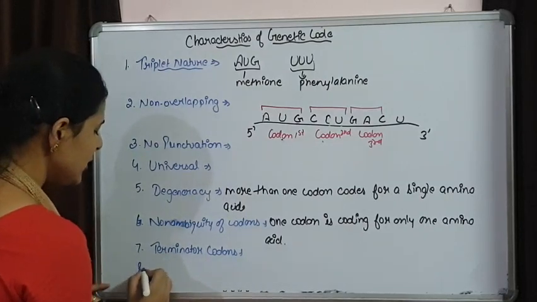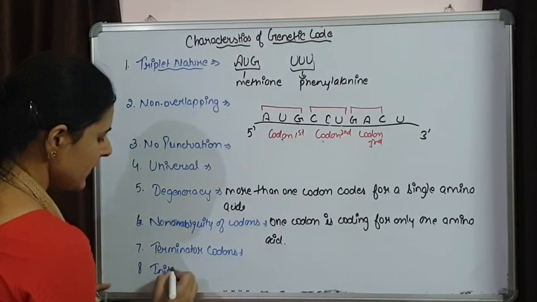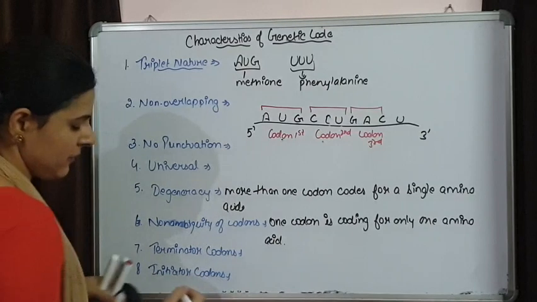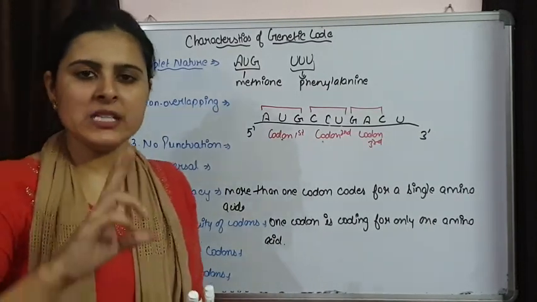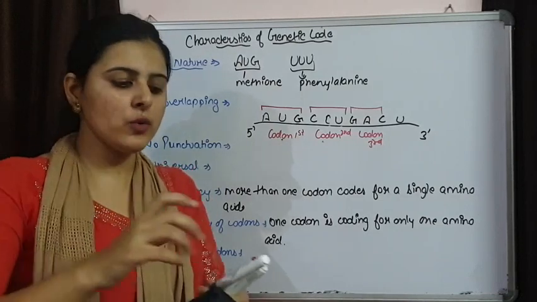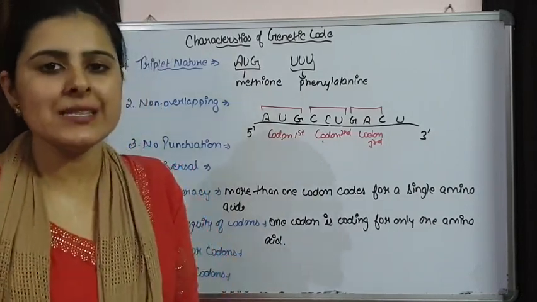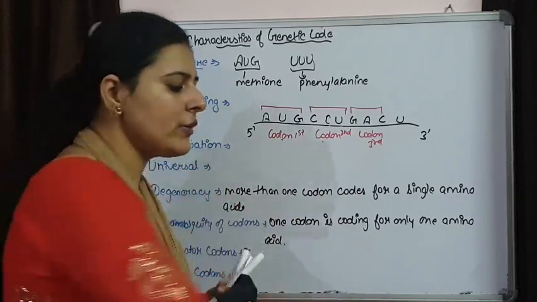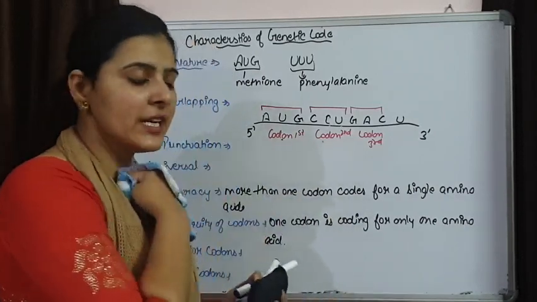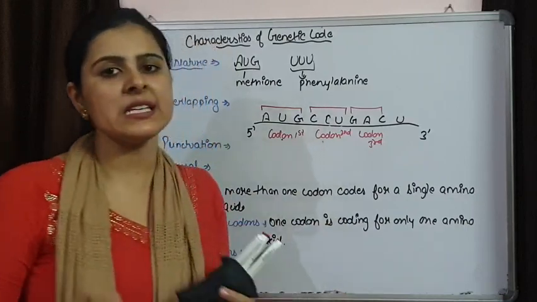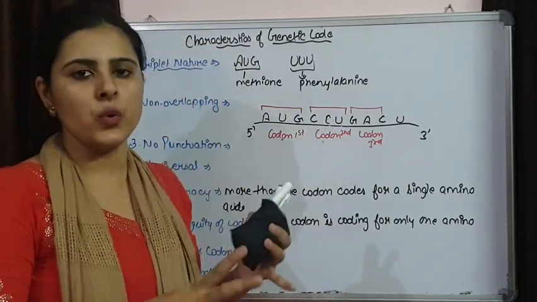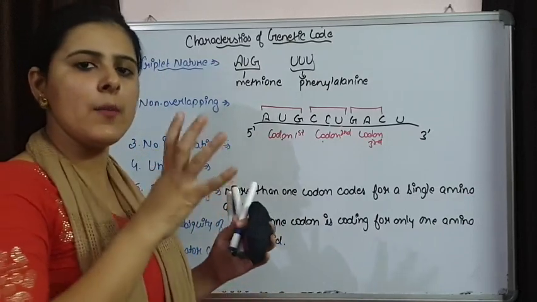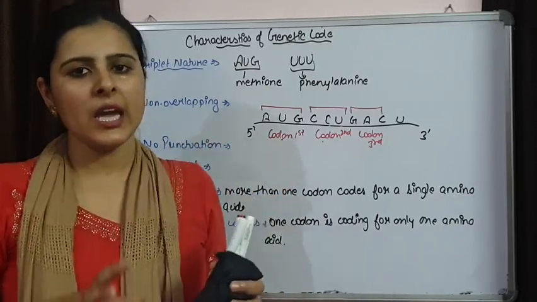Another is that initiator codons are present. We have AUG, which has 2 functions. The first function of AUG is that it is coding for methionine, and the second function is that it is behaving as an initiator codon. That means the first tRNA is going to have the anticodon for this AUG.